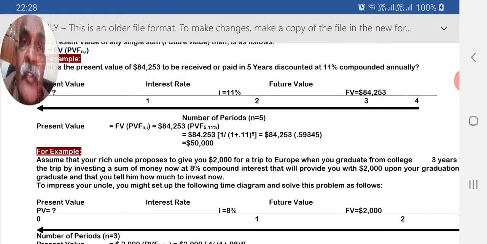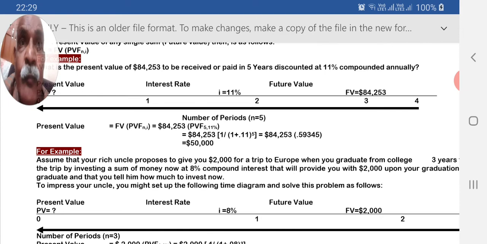You have to see the factor table, or you may calculate future value divided by (1 plus i) to the power 5. So 84,253 multiplied by 1 divided by (1 plus i) to the power 5, i equal to 11%.